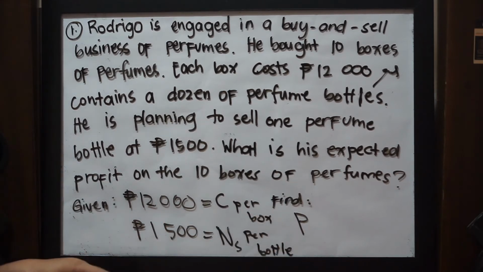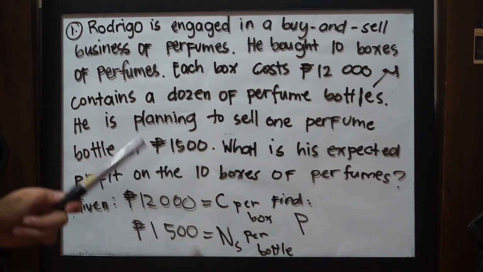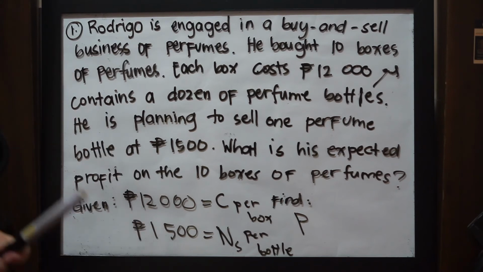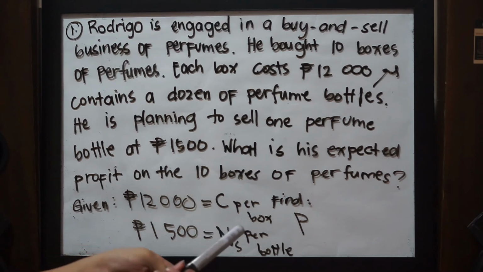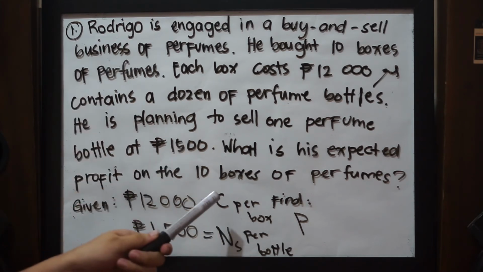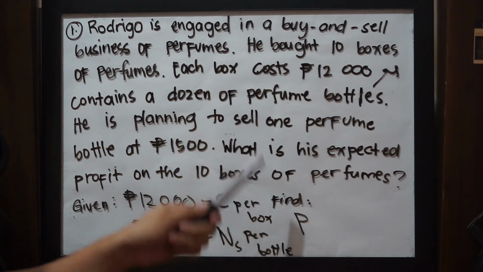If you will notice, yung cost at saka yung net sale ay hindi pareho ng measurement. So, kailangan magpareho sila. It's either kunin nyo yung net sale per box or yung cost naman gawin yung per bottle.